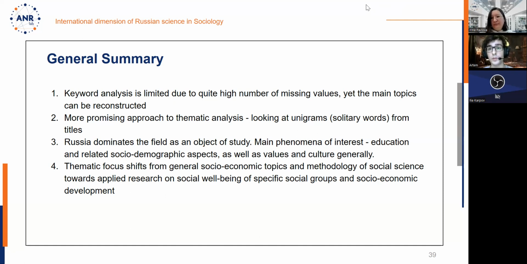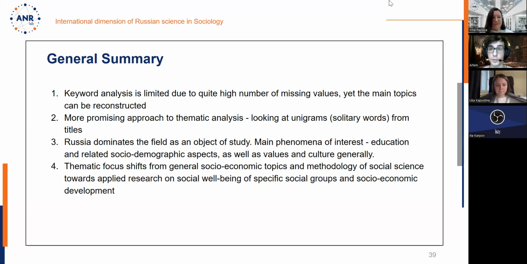If we move on to conceptual results, quite general results, we can say that Russia is dominating the field as an object of study, quite obviously on the one hand, but quite interesting on the other hand, because there is a lack of cross-cultural and internationally based research topics.